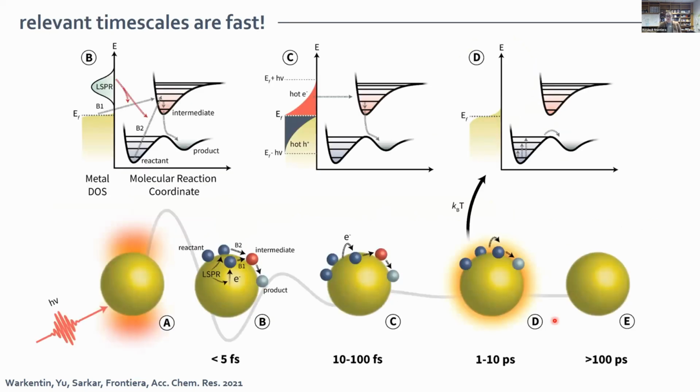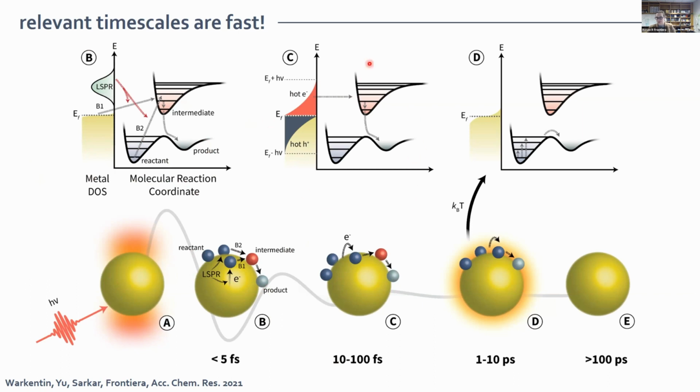Key to all of this work is the idea that when you photoexcite a plasmon, the decay processes that give rise to these different channels that may impact chemistry are very fast, on the femtosecond and picosecond timescale. We can think about this when we think about a plasmonic material interacting with, let's say, molecular adsorbates. We can have processes like energy transfer. This likely occurs on the few femtosecond timescale.